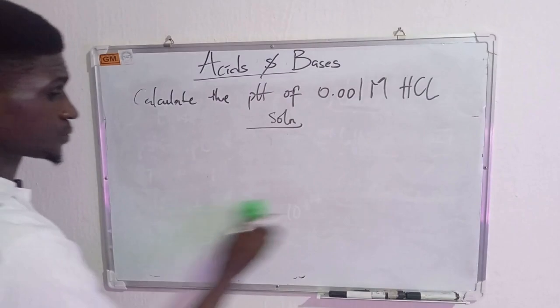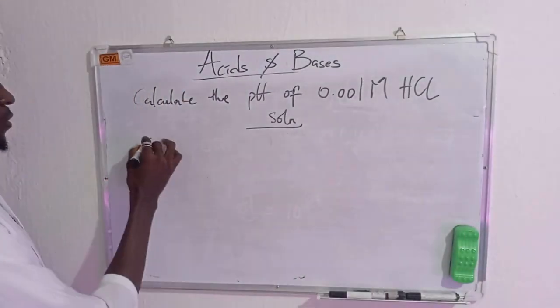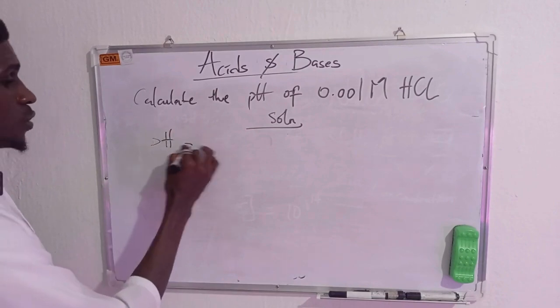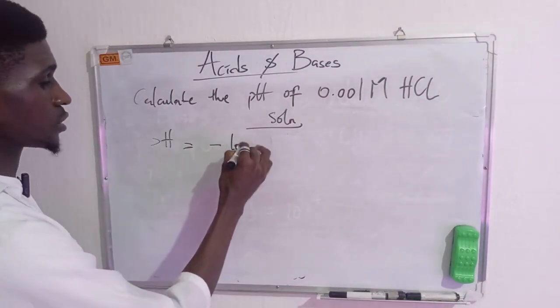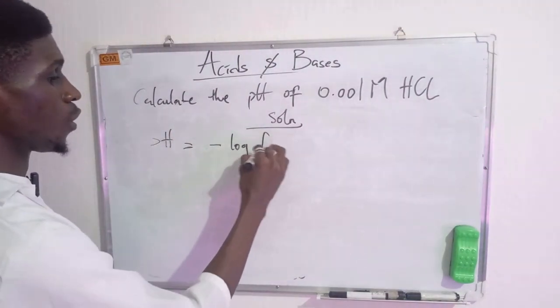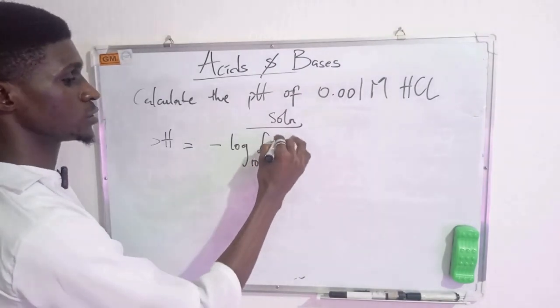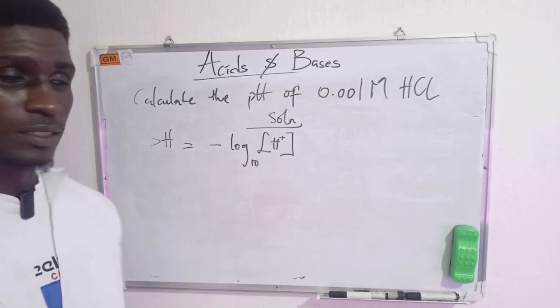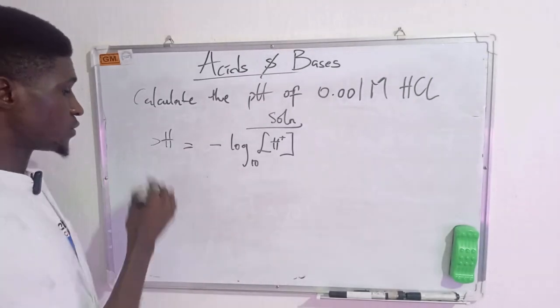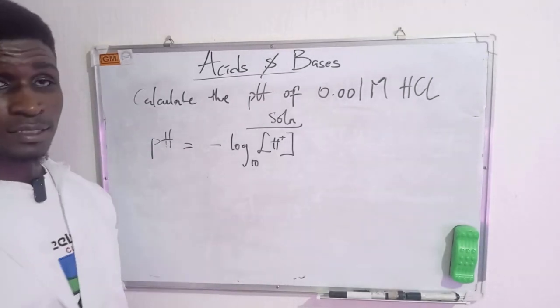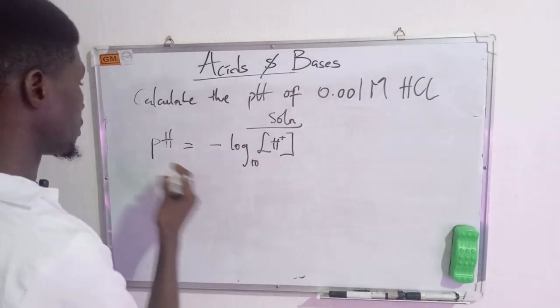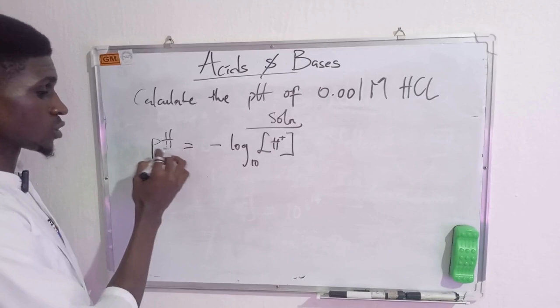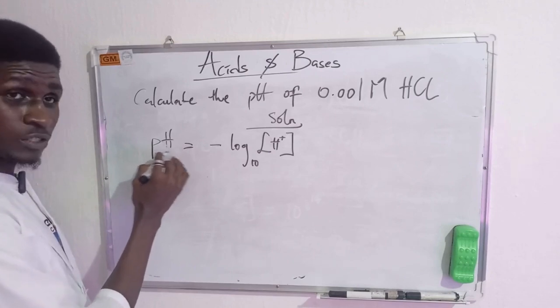By definition, pH is equal to the negative logarithm in base 10 of the hydrogen concentration of an acid. This is another way of defining acid, because pH is talking about the presence of hydrogen ion.